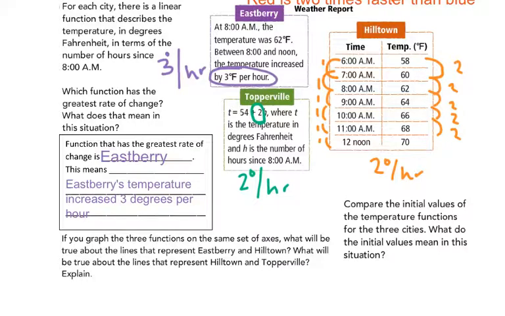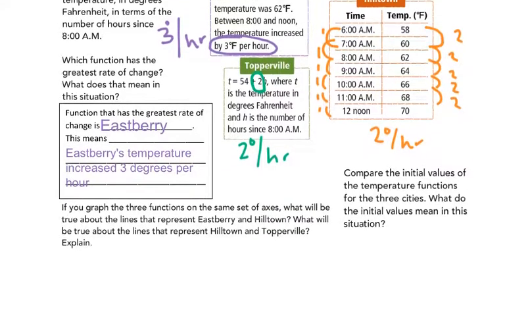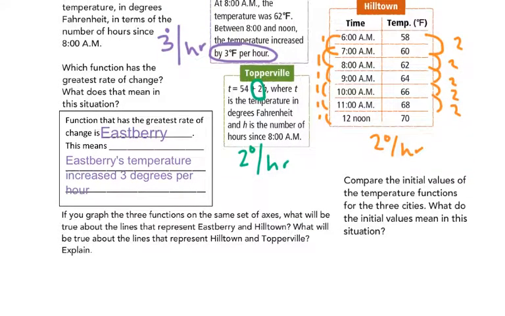Alright, so now let's take a look at comparing the initial values of the temperatures. So we're talking about this problem over here. Compare the initial values of the temperatures for the 3 cities, and what do the initial values mean in this situation? If we take a look at Eastbury, it says the temperature was 62 degrees Fahrenheit.